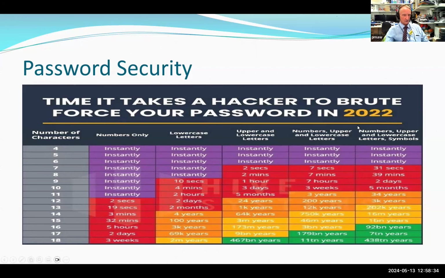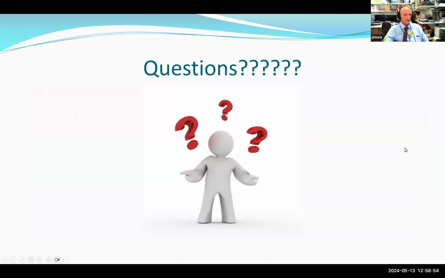Over here, when you've got numbers, upper and lowercase letters and symbols, you're talking potentially trillions of years, billions of years. So I try to pitch mine around here. By the time anybody cracked any of my passwords, I'd be long gone. So it's good to know. So that's my final bit.